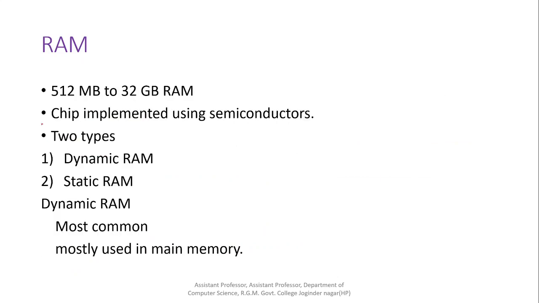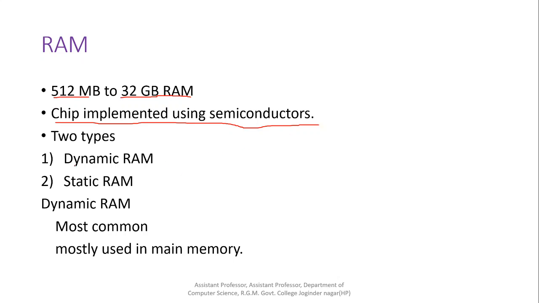Nowadays we have RAMs available from 512 MB to 32 GB in the market. RAMs are always implemented with the help of semiconductors, and there are two categories of RAM depending on the technologies used to construct it.